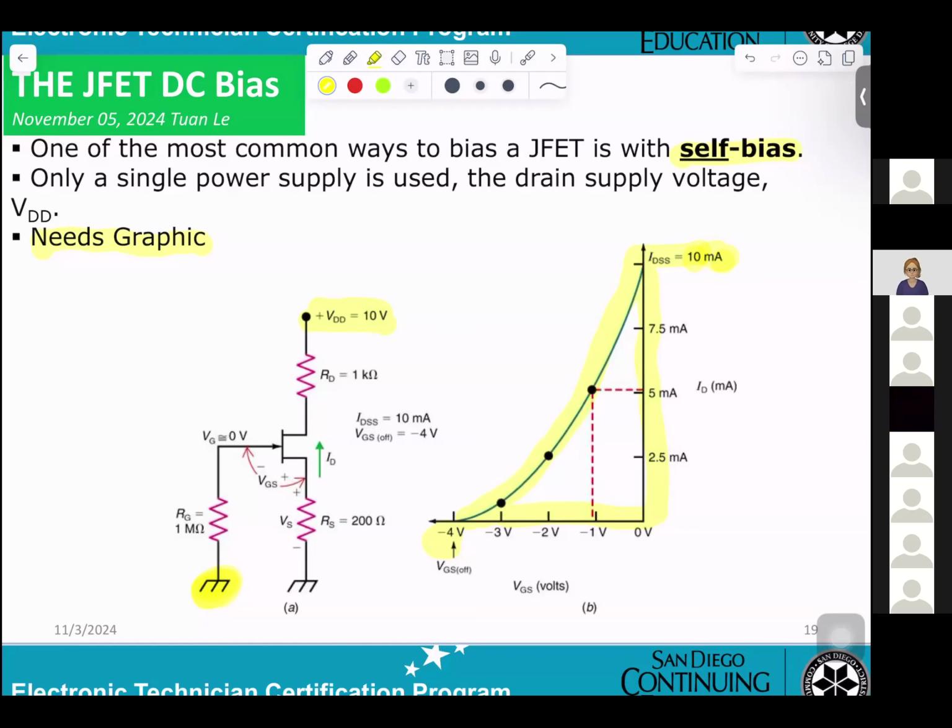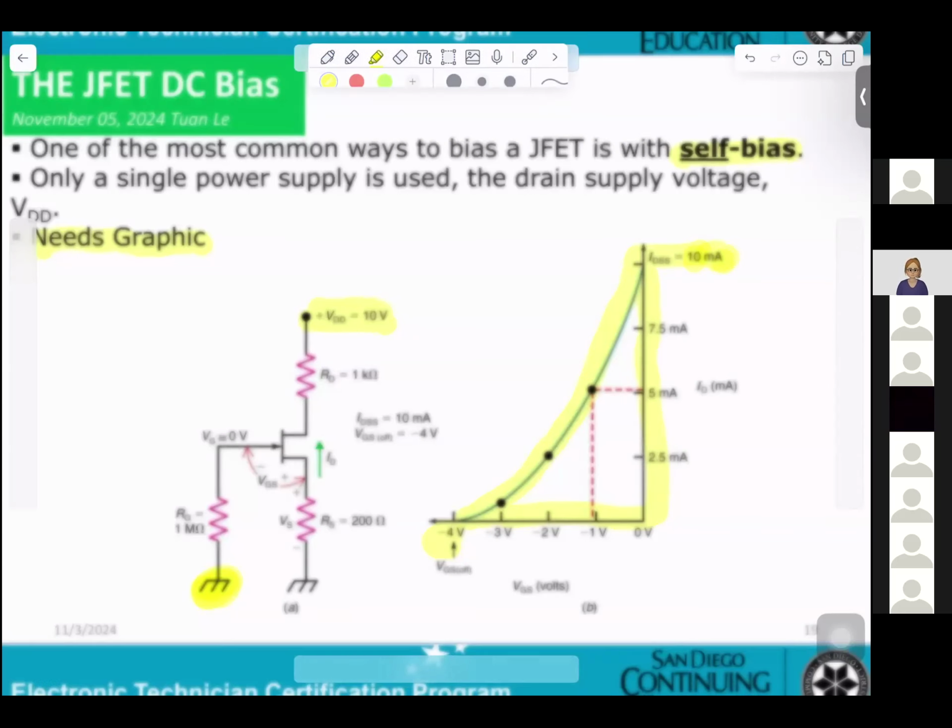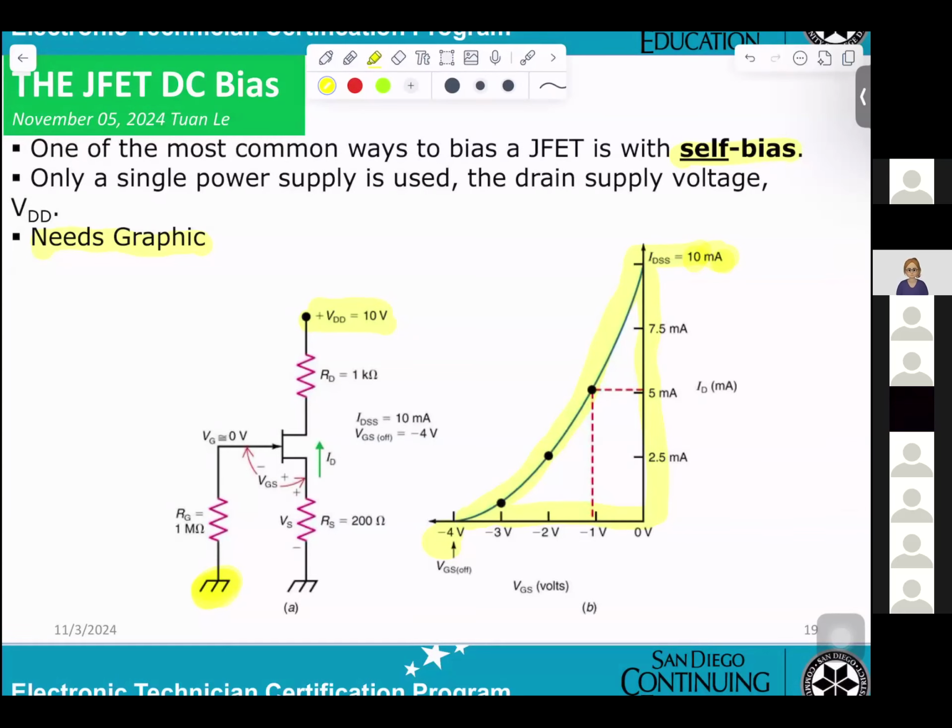So that's why they ask for a graph. That means they have to give the picture before you can solve the problem.